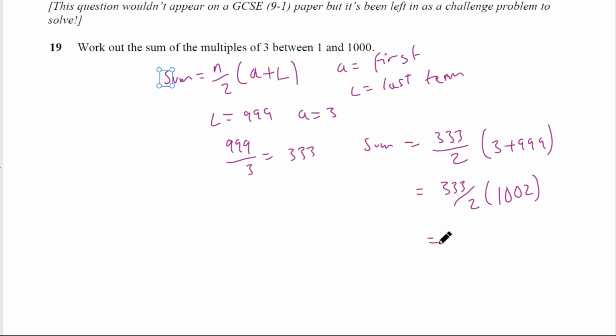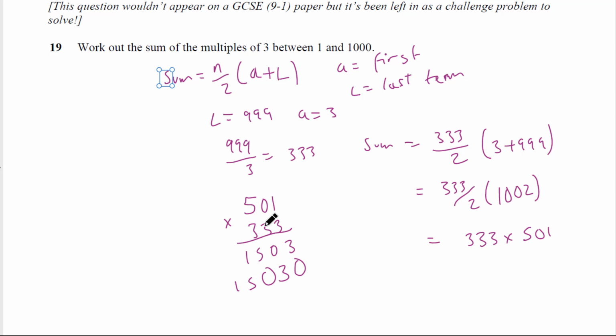So that's essentially just going to equal, we divide up by the 2, 333 times 501, and work that out using whatever method you prefer, how you multiply. 3 times 1 is 3, 0, 15, add the 0, 3 times 1 is 3, 0, 15 again, add 2 zeros, 3 times 1 is 3, 0, 15.